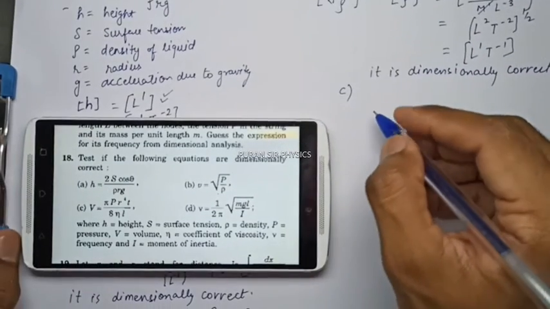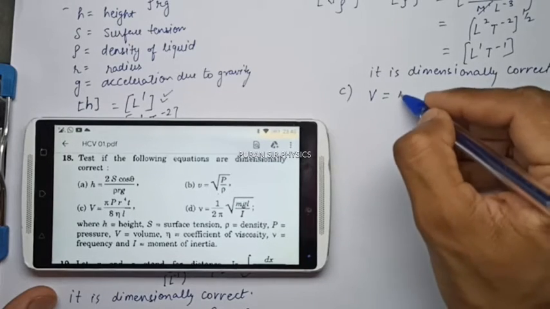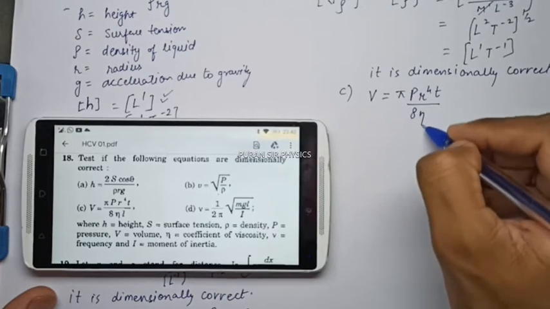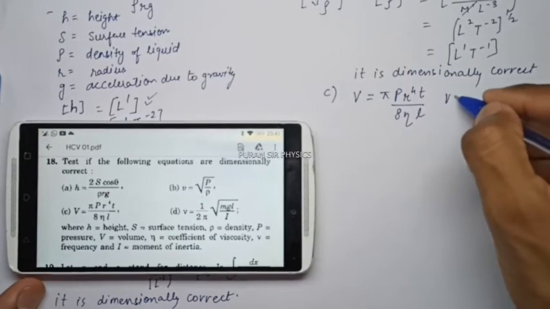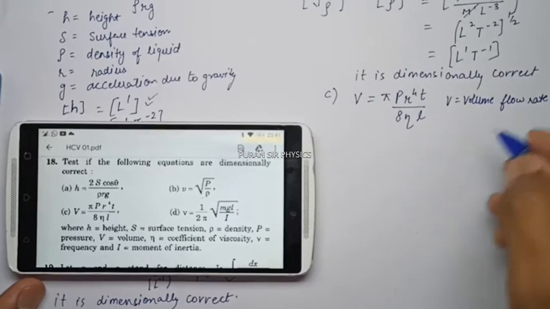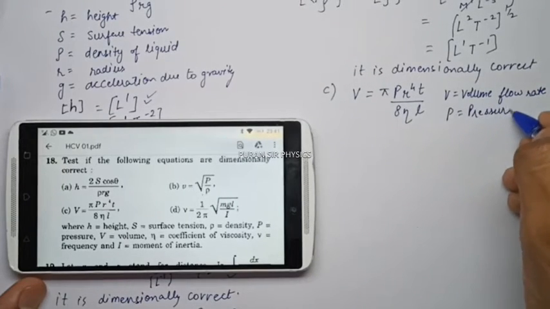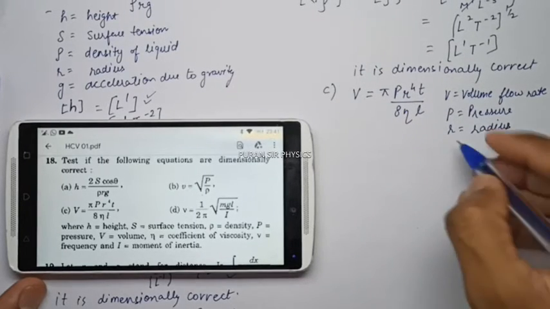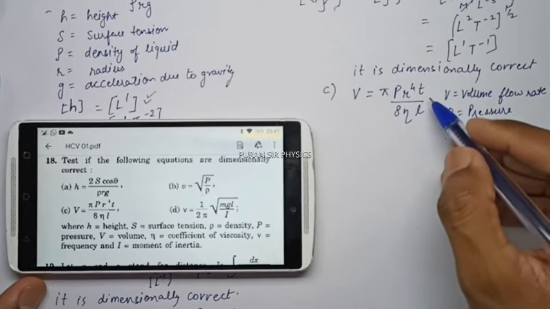In part C, we have given volume flow rate V is equal to pi P r raised to power 4 t upon 8 eta into L. So here V is the volume flow rate, and P is the pressure of the liquid, and r is the radius of the pipe in which the liquid is flowing, and let us say t is your time.